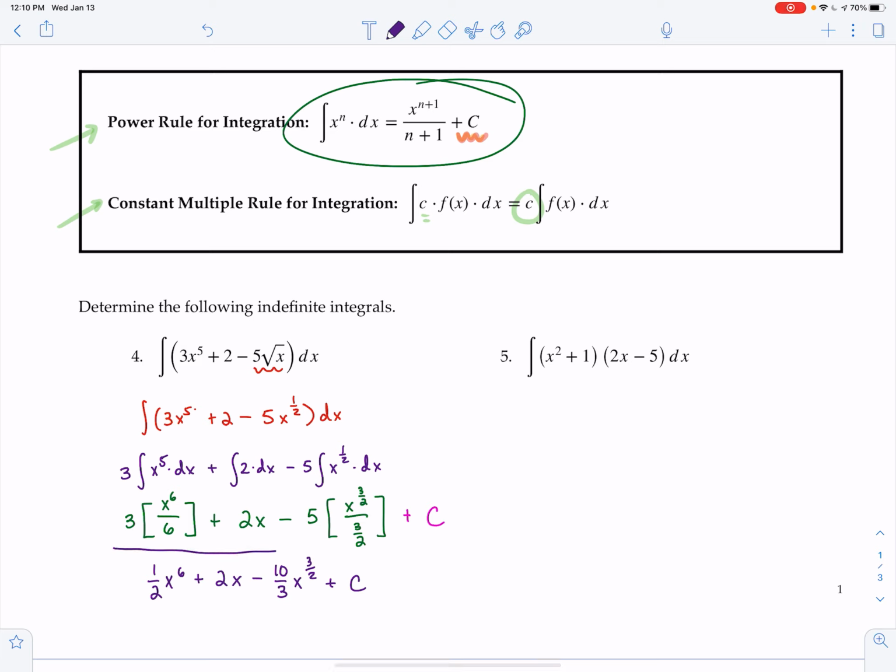And there is our antiderivative. And remember, what this means is that this function here, if we take the derivative of it, we will get back to the function we were given. That's one way to check your answer. Or you could use Desmos or a calculator to do that the same way.